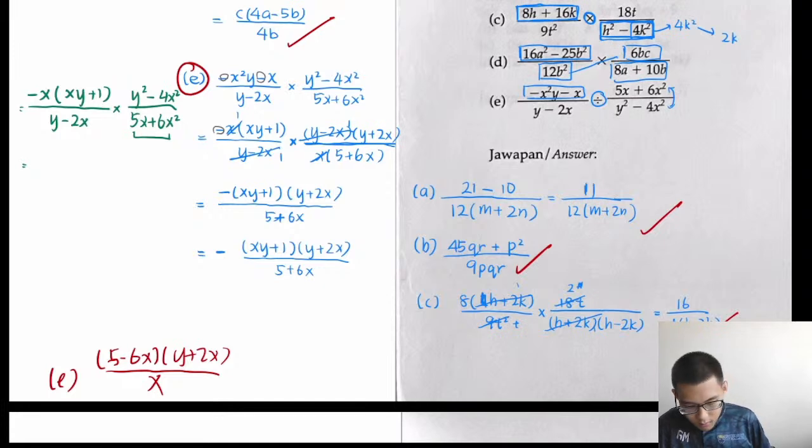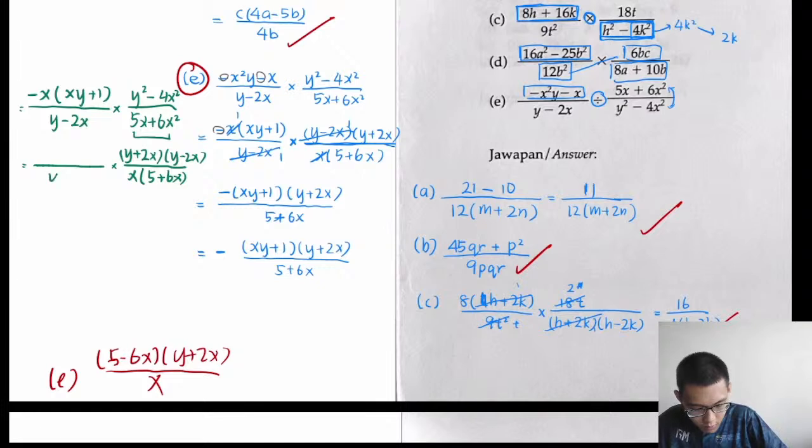Yeah, I think so. So how about you? Is your answer the same as mine? So let me check again, do it again. Okay, so here I have x, we have 5 plus 6x. Here we have (y plus 2x)(y minus 2x). Right. So here we also have y minus 2x.